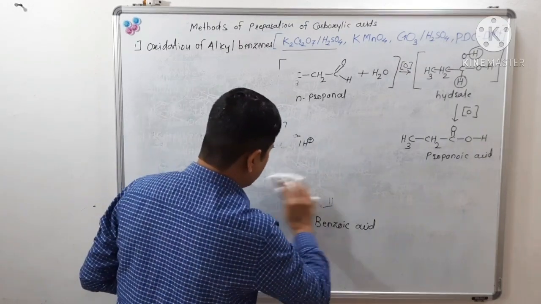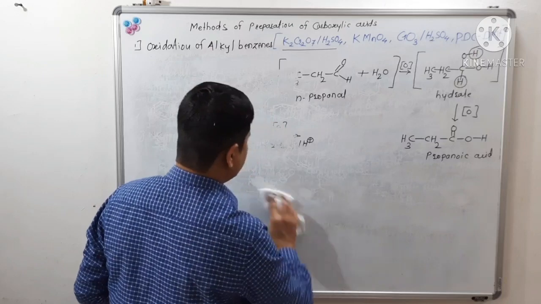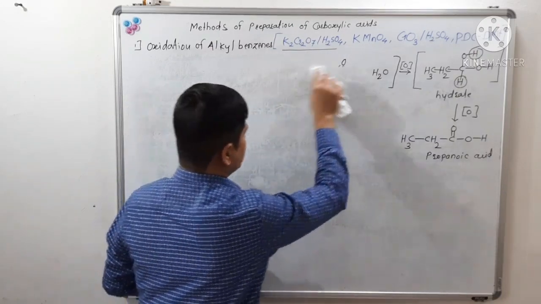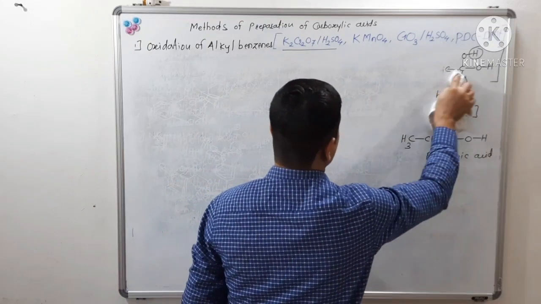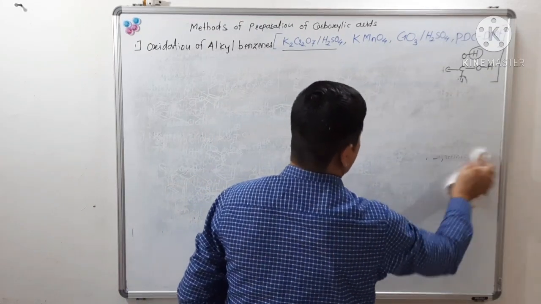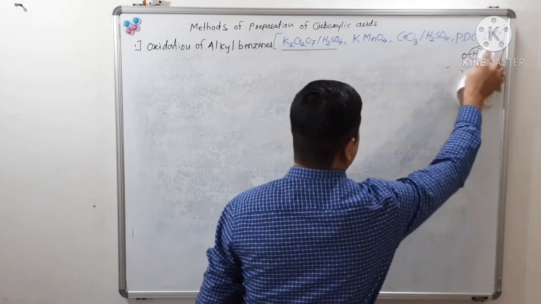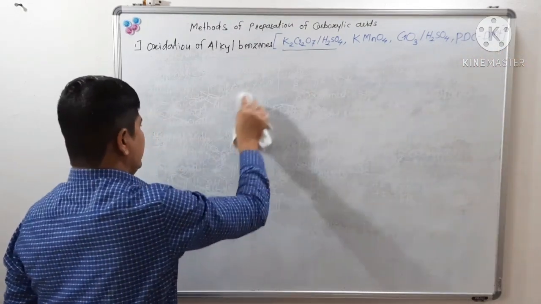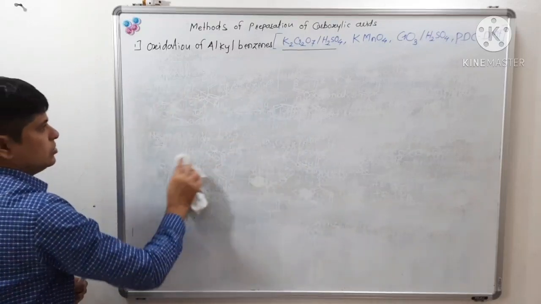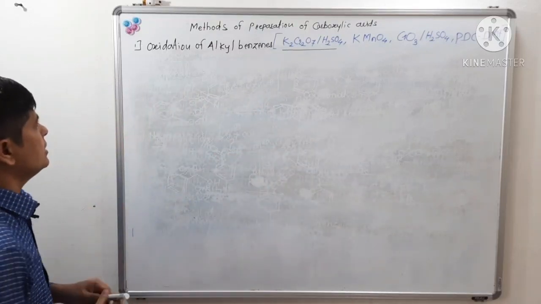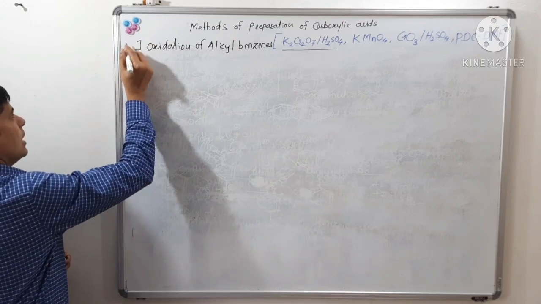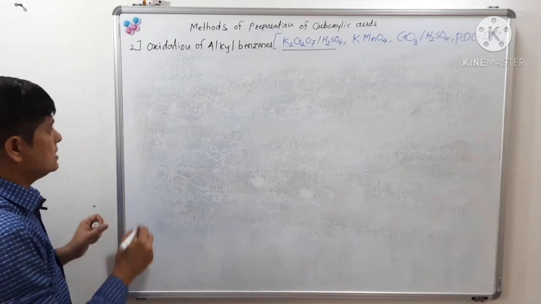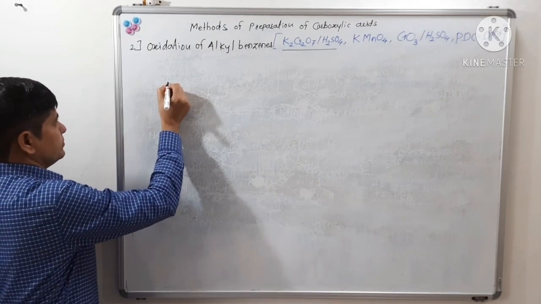We know which are the alkyl benzenes. An alkyl benzene may be toluene, ethyl benzene, propyl benzene, or alkyl aromatic compounds like methyl naphthalene. So the second method is oxidation of alkyl benzene, like toluene.